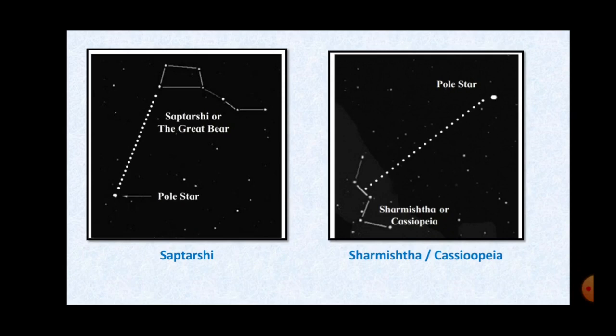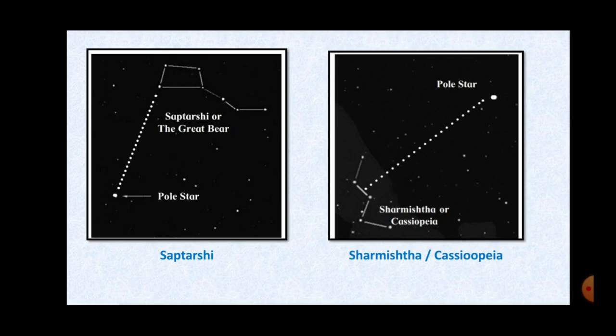Now as I said, there is a group of 7 stars, and they form the shape of a quadrangle with a tail which is made up of 3 stars, which you can very clearly see in the picture. Now if we extend one side of this quadrangle, it reaches the pole star, and that is why during the explanation of sky watching I said that first of all, for sky watching we have to identify the pole star, right?